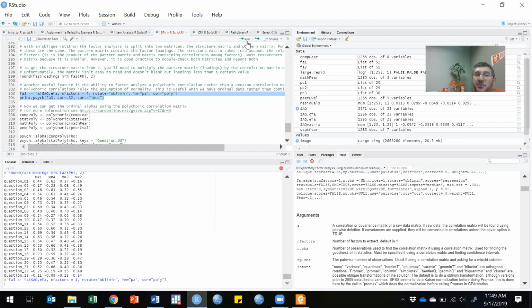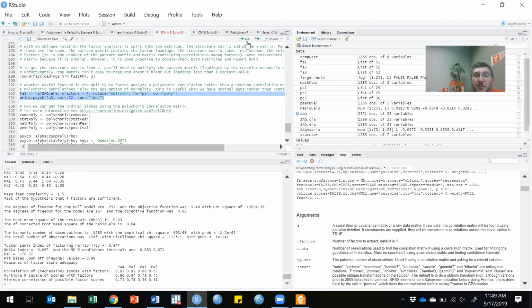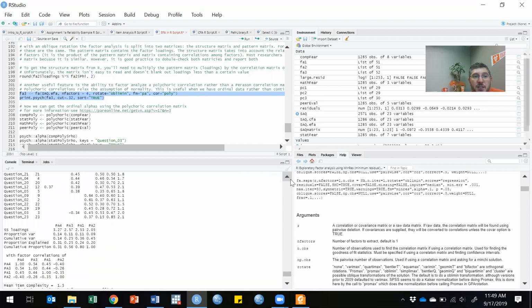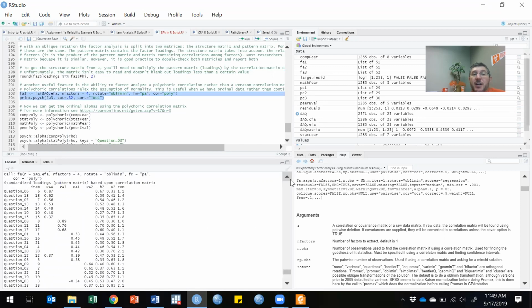It takes a minute to run because it takes a minute to calculate the polychoric correlations. You can see our model-based fit statistics are actually a little bit better than what they were before. And our pattern matrix loadings are a lot cleaner this time.